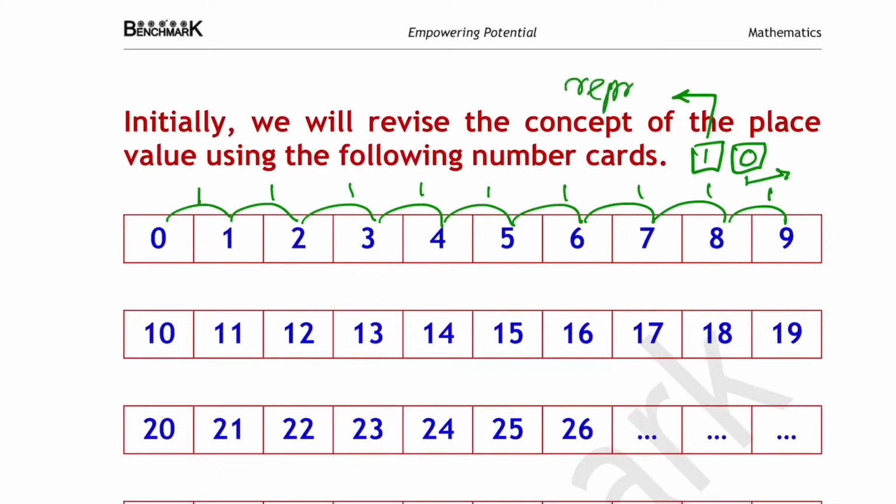So this 1 represents 10, which means though the face value is 1, its place value is 10. Now look at this number. 5 represents 5, that is said to be the unit position. But 2 should be representing 20. It is in the position of tens, so that should be representing 20.